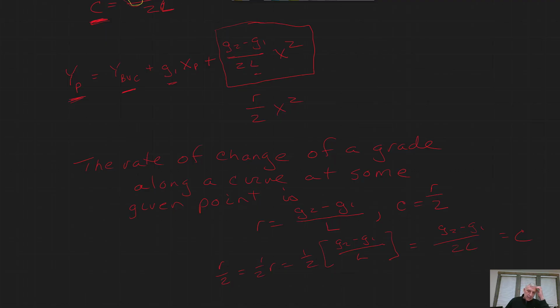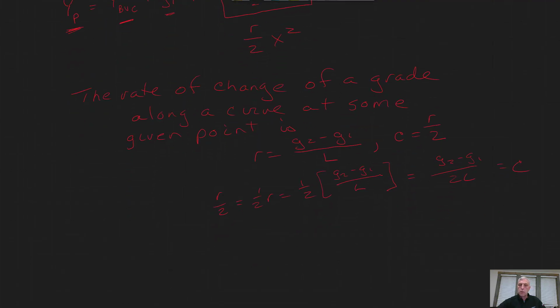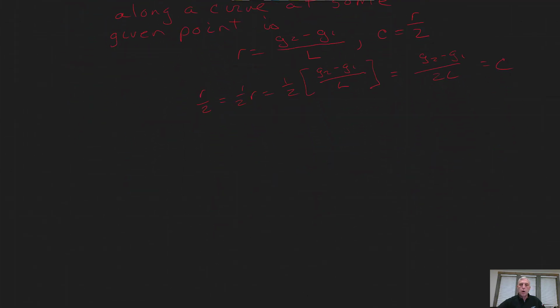I just thought it was important to go through those steps so you can see where that coefficient of the x squared comes from, how it incorporates the outgoing grade, the incoming grade, and with that you can get any elevation along a curve.